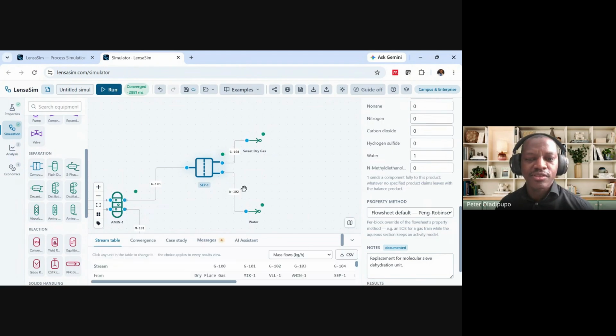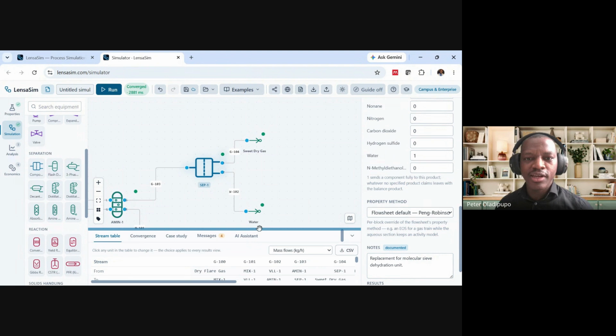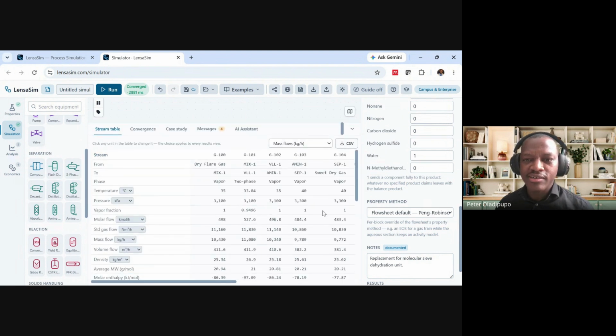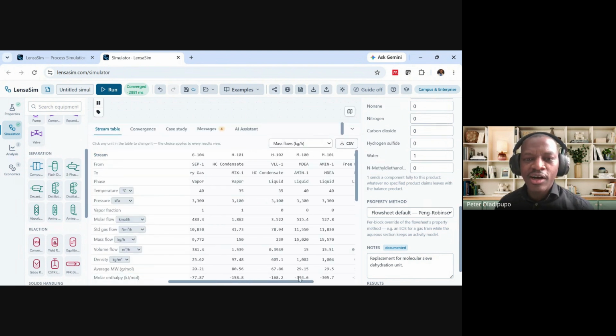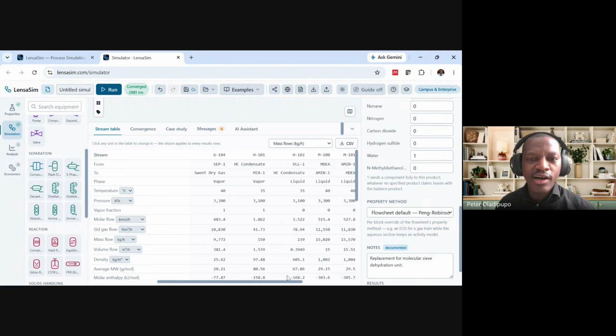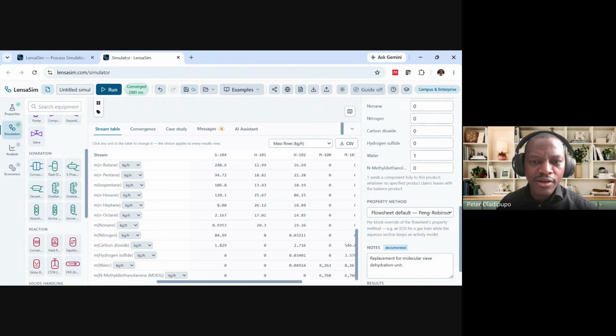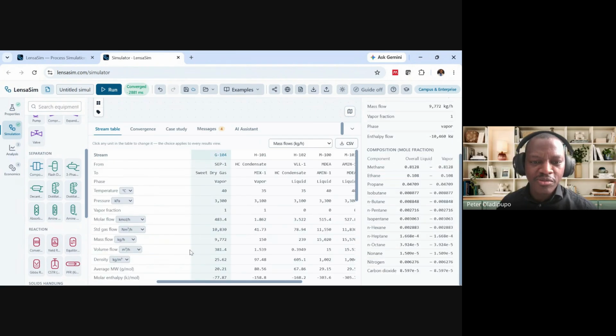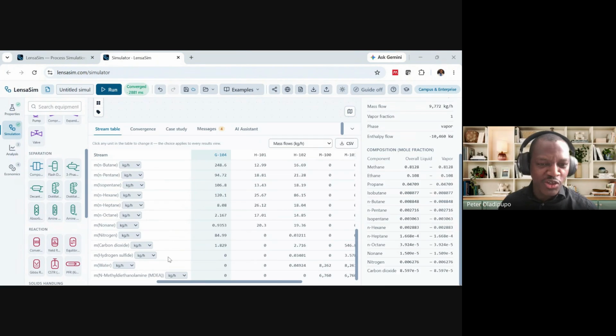Okay, good. So that's been solved. Let's see what G104 is composed of. Let's look at the water vapor. Of course, there shouldn't be any water. Yeah, so there's no longer water vapor in the stream. Of course, no more hydrogen sulfide. We have some CO2, but hydrogen sulfide is gone and water vapor is gone.